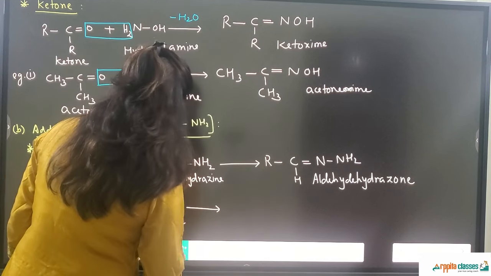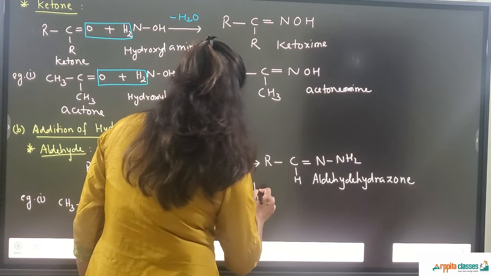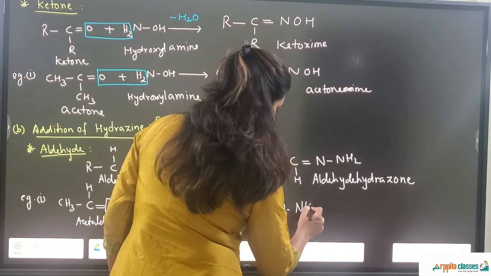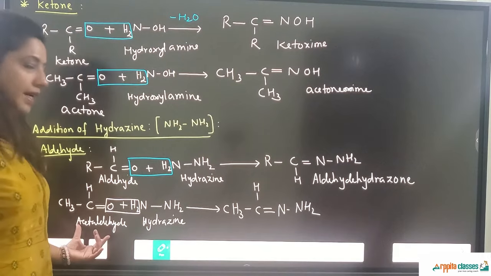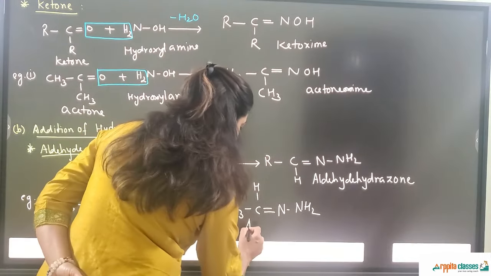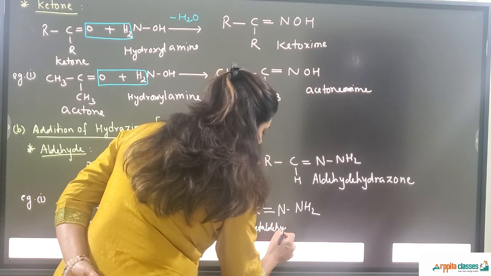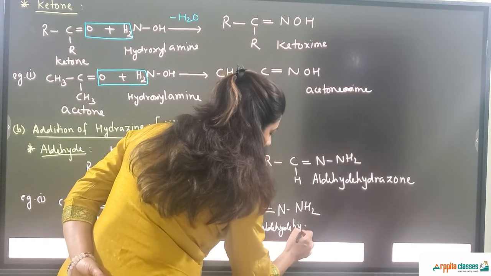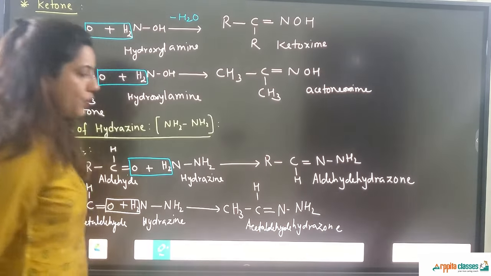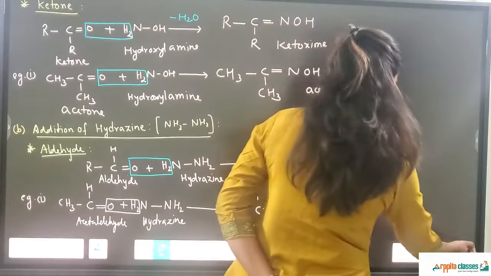So this is CH3CH double bond N NH2. The name of the product is, since your aldehyde is acetaldehyde, acetaldehyde hydrazone. That's the product. We'll go for the next reaction.